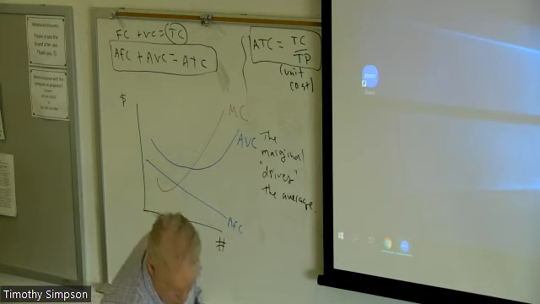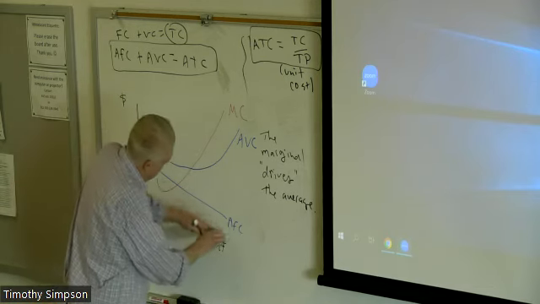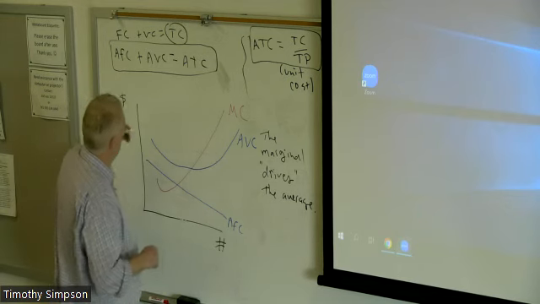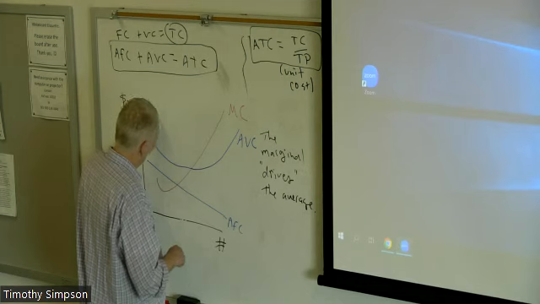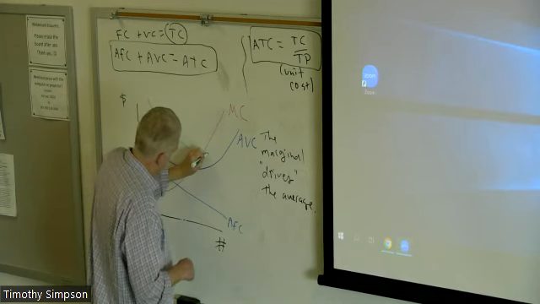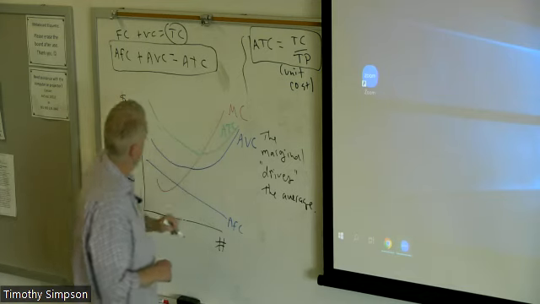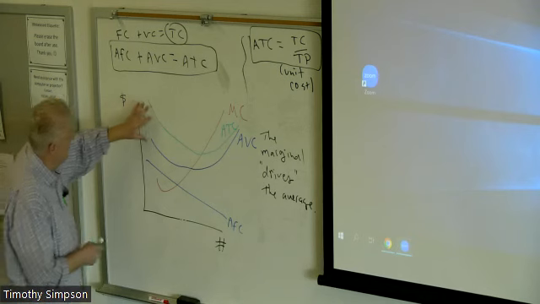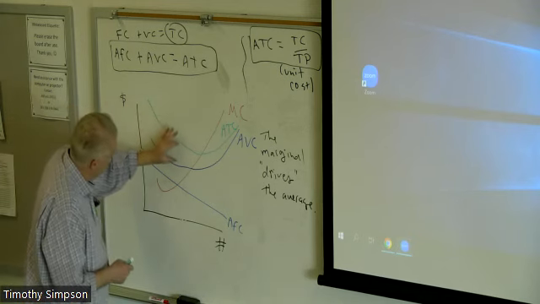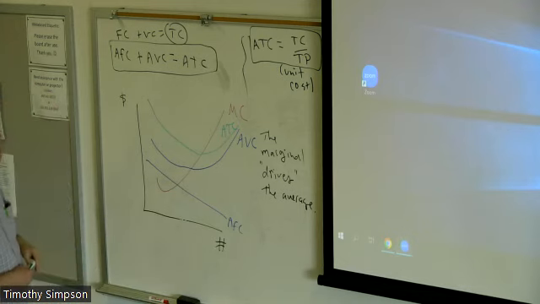If average fixed cost and average variable cost look like this, and it's important that we realize average fixed cost goes down, down, down over time, what does average total cost look like? I'll make this big so you can see it. Average total cost looks something like that. We'll simply call it average total cost right there. And notice that I've tried, in maybe an exaggerated fashion, to make this corridor between average total cost and average variable cost as small as possible.